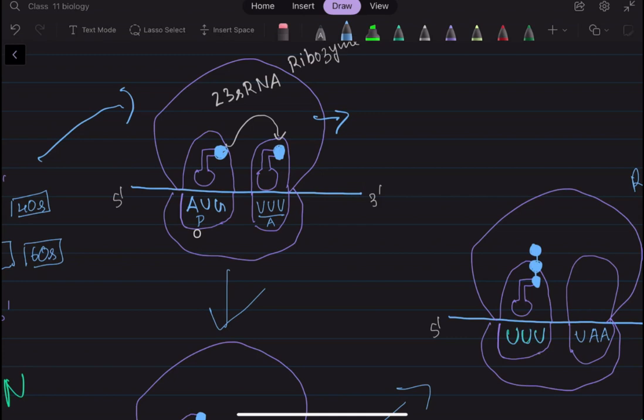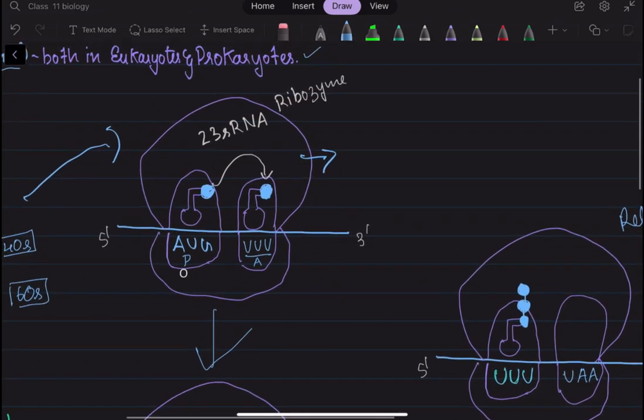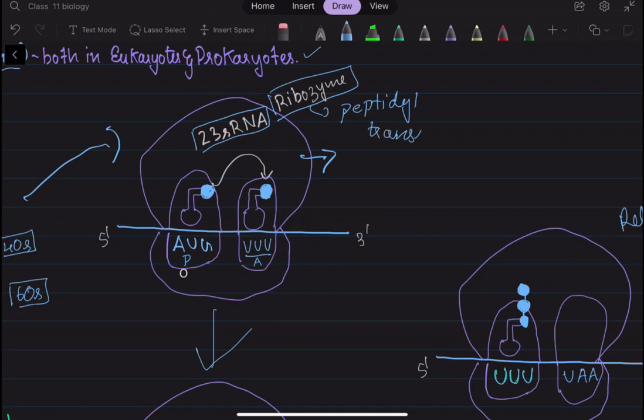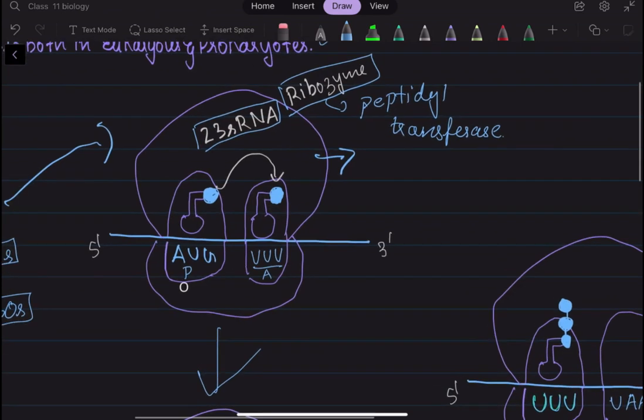Because of this, and another enzyme which we call a ribozyme or the 23S RNA, called the peptidyl transferase, this enzyme catalyzes the formation of a peptide bond between the amino acids.